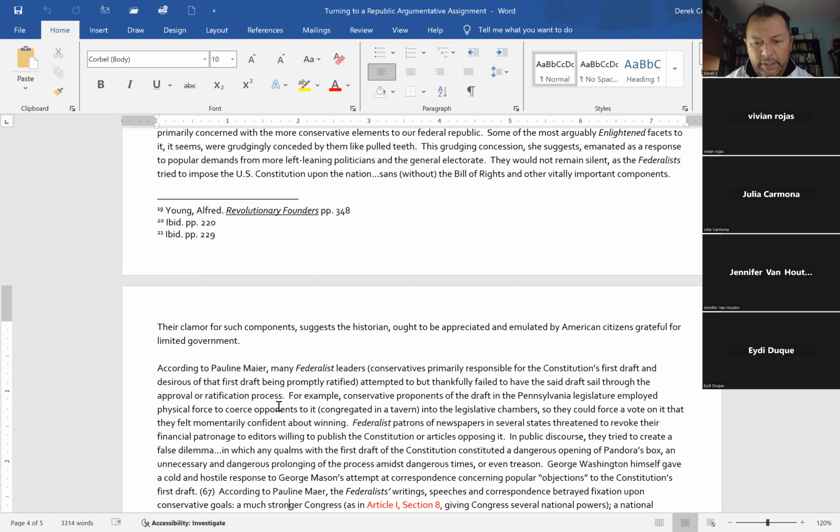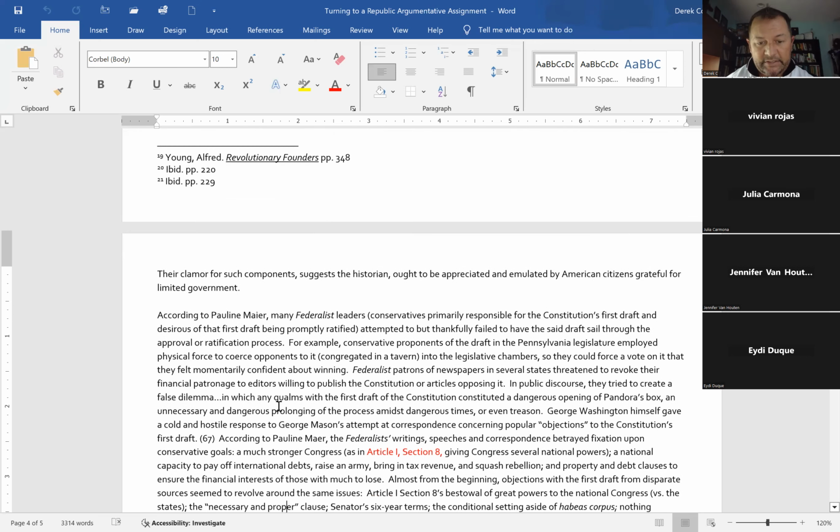So they are not wanting some war with the poor and with the commoners for various reasons. So all of that is going to put pressure upon them to give in. So at any rate, that's what happens.